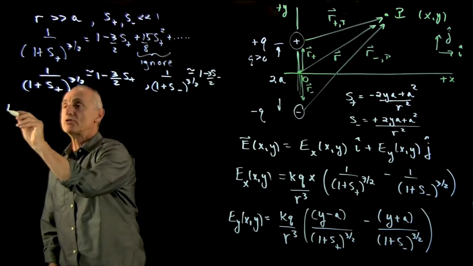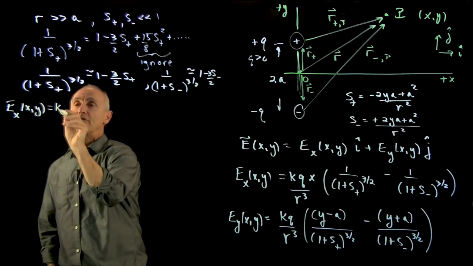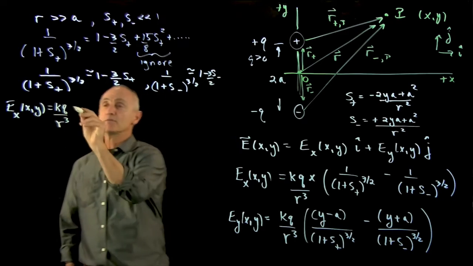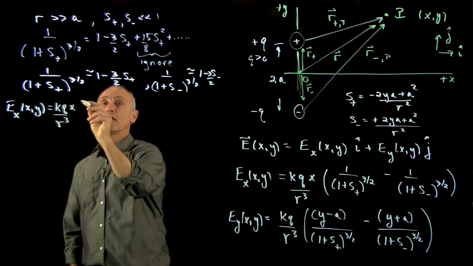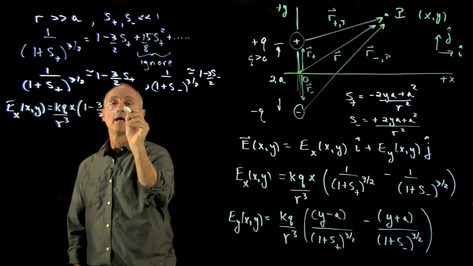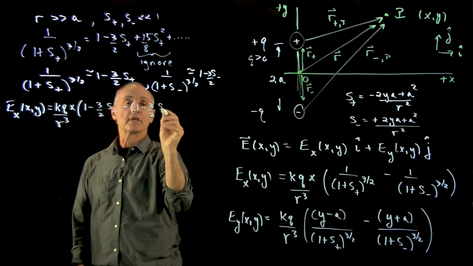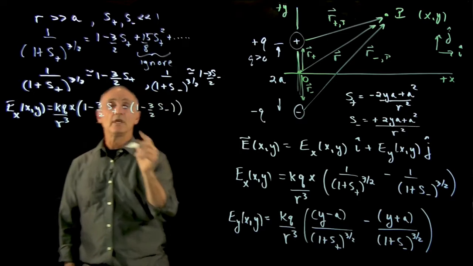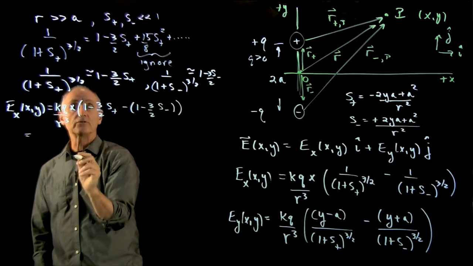And let's just work first with the x component. We have that factor kq over r cubed on the outside times a factor x. And now we're using both of these expansions. And so we have 1 minus 3 halves s plus minus 1 minus 3 halves s minus. And so you can see that the 1's cancel. We have the factor 3 halves on the outside.